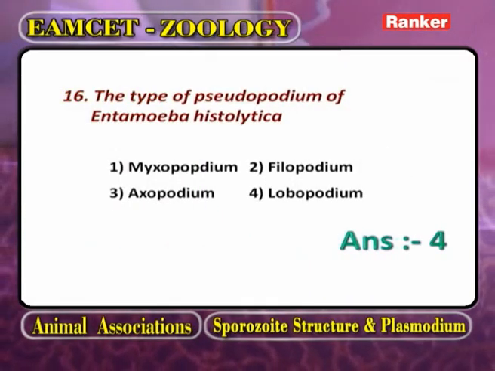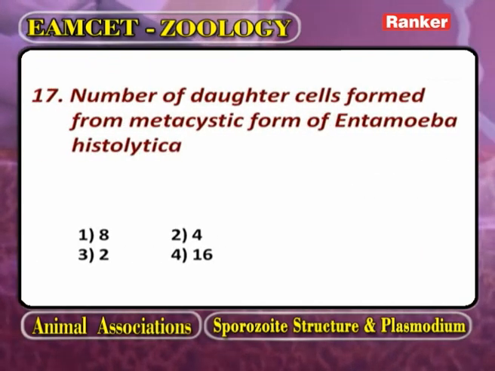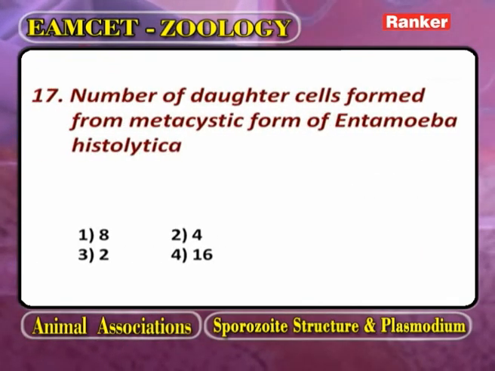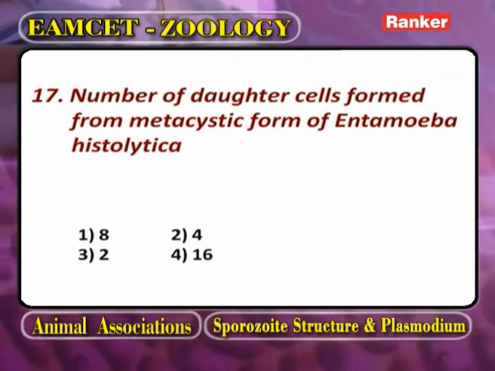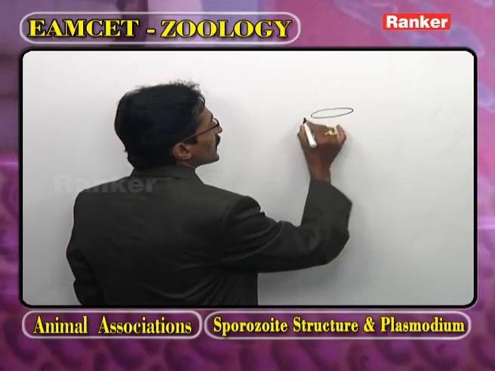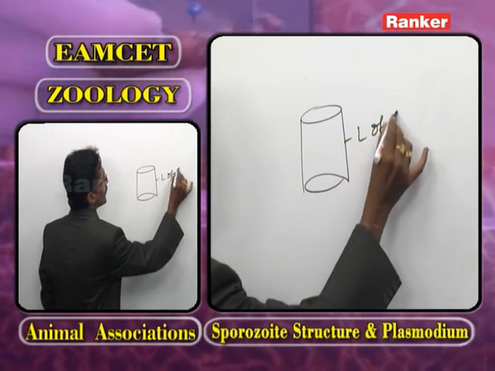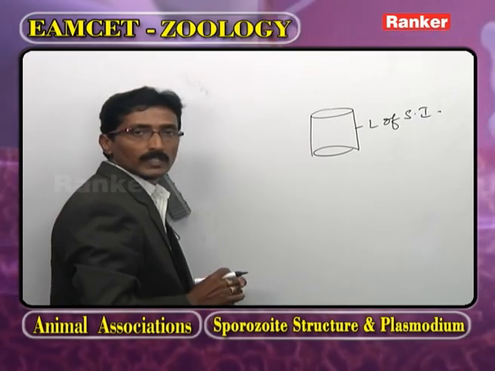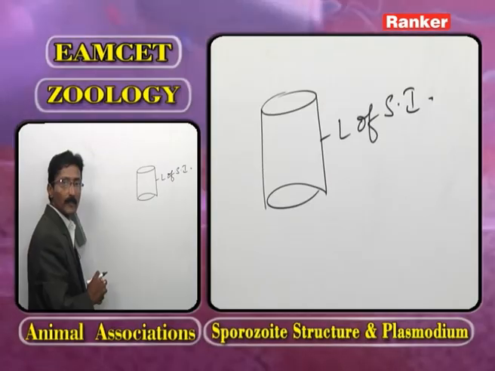Now we go for the next question. Number of daughter cells formed from the metacystic form of Entamoeba histolytica. Now, as we observe this part, we call it the lumen of small intestine.